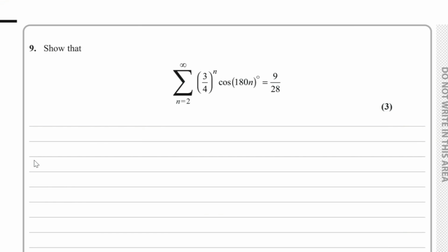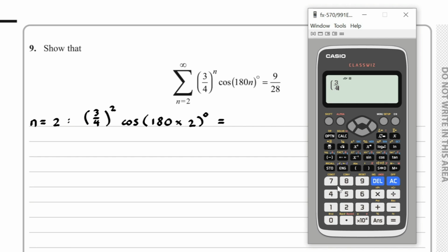How can we find out the first term? Well, the first term we can find out by substituting n equals 2. When n equals 2, we have 3/4 to the power of 2 times by the cosine of 180 times by 2 degrees. So 3/4 to the power of 2 times by the cosine of 180 times 2, we get 9 over 16.